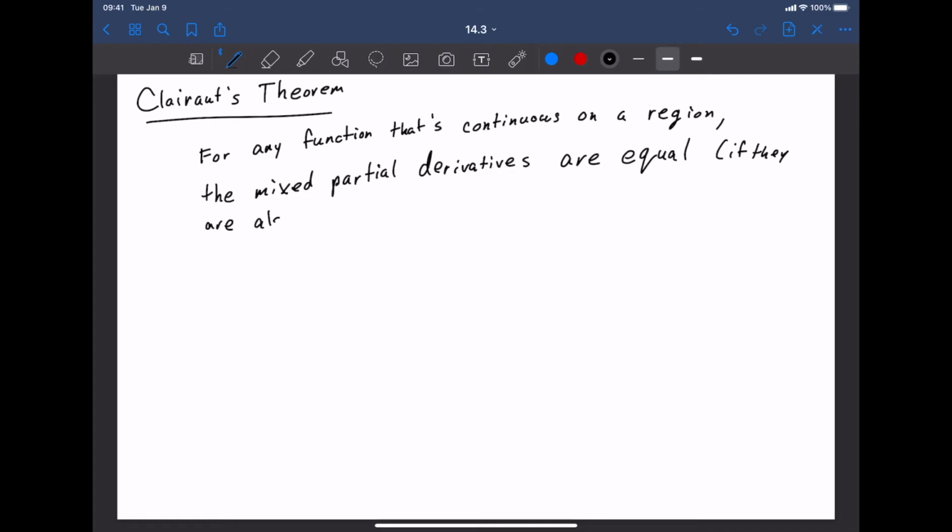They are also continuous. But in practice, we can use it very abusively. Like, we can just go through it very, very easily. What this is saying is, as long as the letters match, the order does not matter.